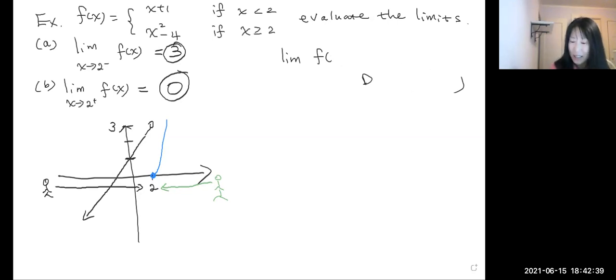Just the one side. Oh, because you're infinitely approaching it from one side, right? Yes. I got you. Thank you. Sorry about that. That's why we have one side here.